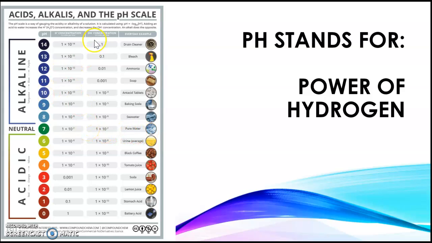A pH of 14 would be a very, very strong base. So a pH of 0 would have a lot of hydronium ions. A pH of 14 would have very, very few hydronium ions, but have a lot of OH minus hydroxide ions.